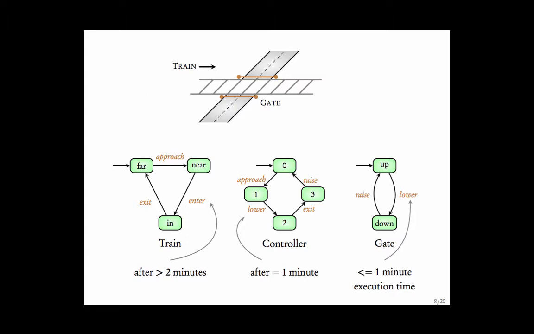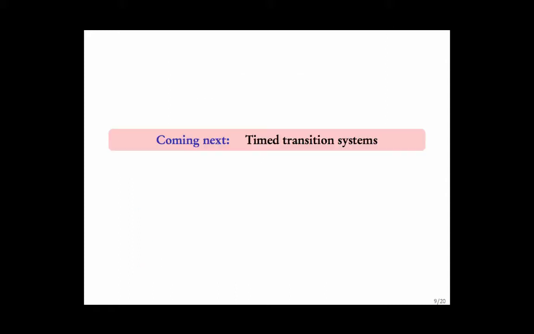Now, the question that we are interested in is, suppose you are given these timing information, how do you model it in this transition system? That is the goal of this unit. We will be seeing what are called timed transition systems.